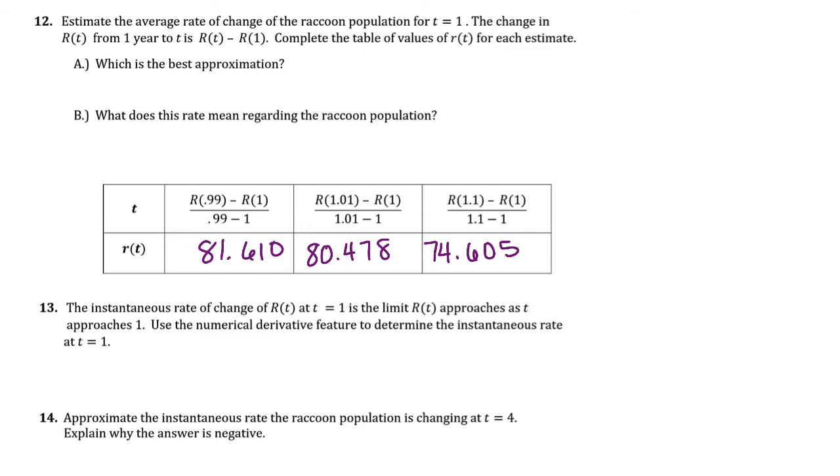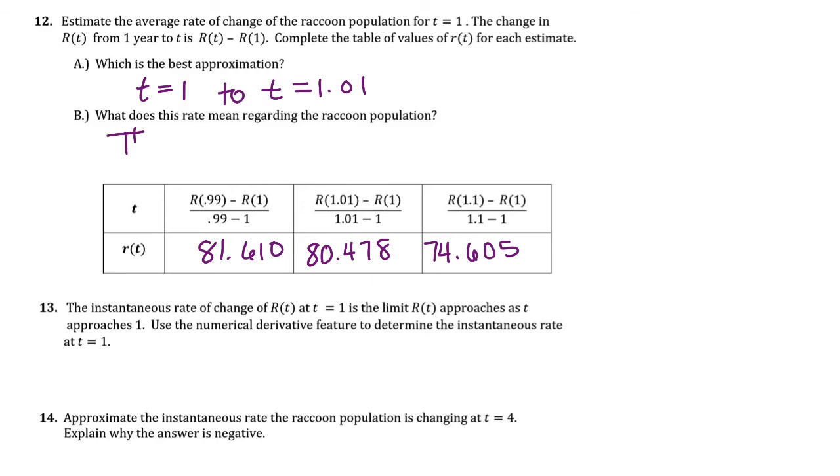So in part A, it wants to know, which is the best approximation? And the best approximation looks like it's going to be from t equals 1 to t equals 1.01.